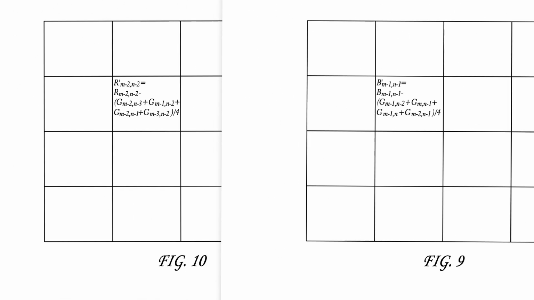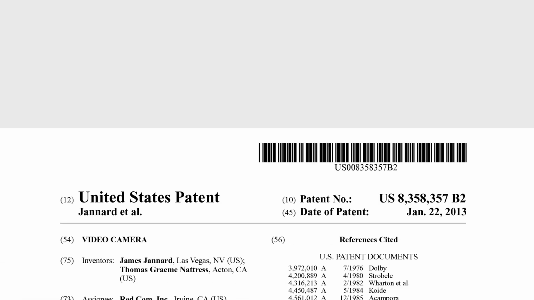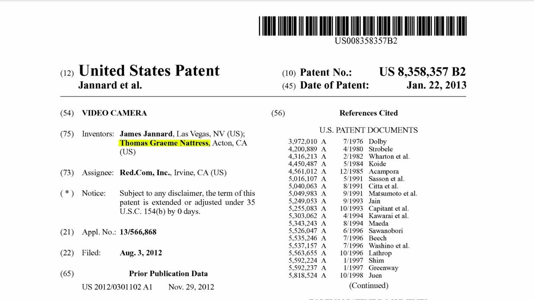R prime at a location is equal to R of that location minus the average of 4 surrounding greens. And figure 9 is the same for the blue element at one location. Blue prime at a location is the value of blue at that location minus the 4 green elements surrounding that blue. And evidently this primary school level mathematics can make some people inventors.